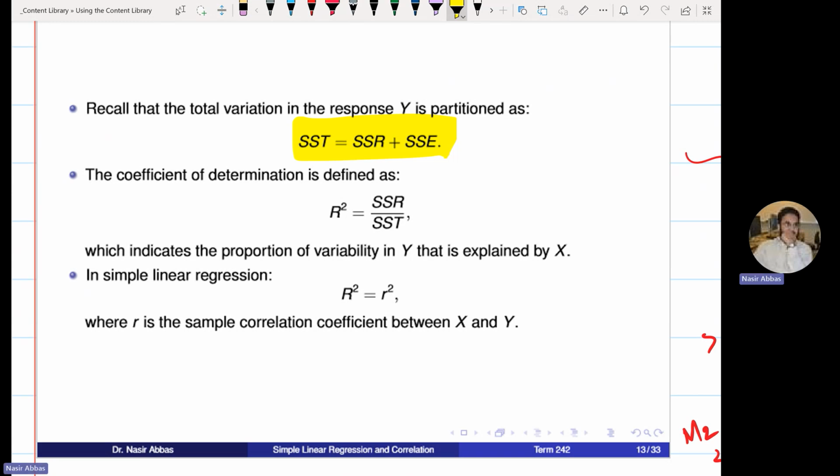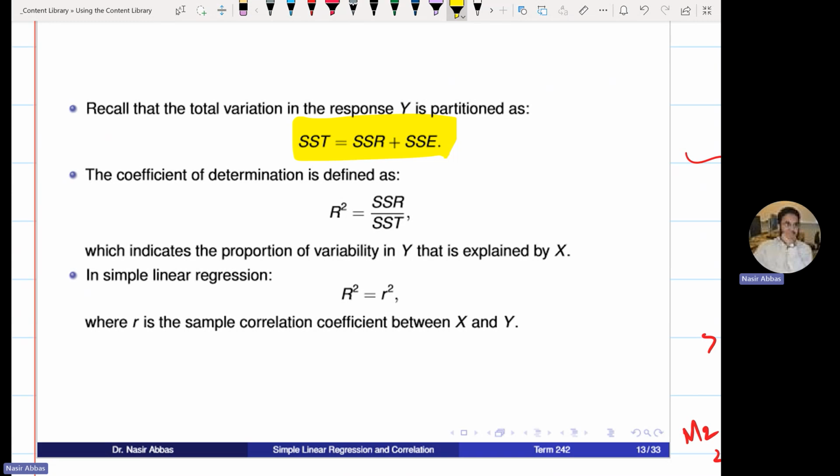What does SST stand for? S for sum, second S for square, and T for total. So it's a sum of squares. What does SSR stand for? What does SSE stand for? These are all sum of squares. Can squares be negative? That means these three quantities are all positive, correct?